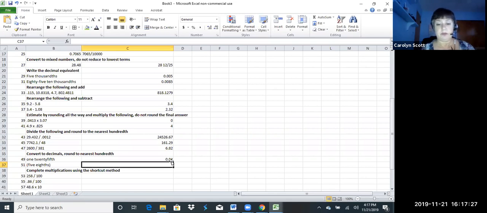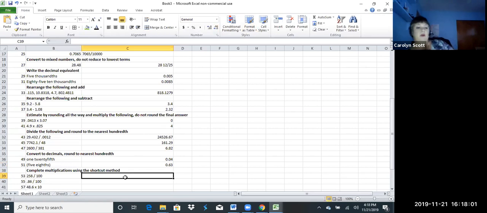We don't have to round anything because the last place is the hundredths place. Same thing with 5/8. 5/8 is the same as 5 divided by 8. So we have 0.625. We have to round to the nearest hundredth, but we have something in the thousandths place. So this 5 makes this 2 a 3. Let's make sure we're right, and we are.